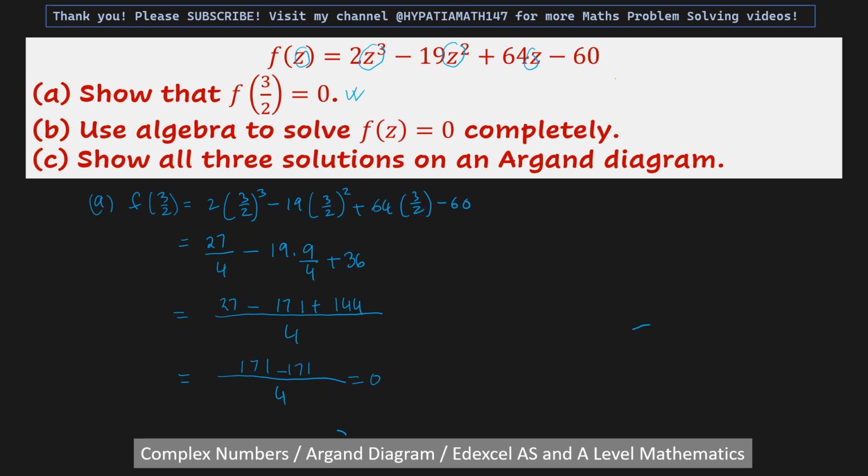So now if f(3/2) is 0, then z minus 3/2 is a factor, by the factor theorem. So all we have to do is to divide this entire equation by z minus 3/2, and then we will get the other factors.